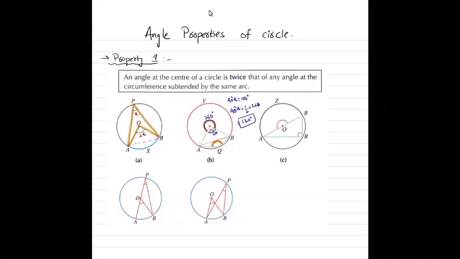Okay. Consider the next diagram. Over here, AOB is not a chord, it's a diameter, and it's a straight line. So the angle at the center is 180 degrees. So if I draw the angle at the circumference from the same chord, it's going to be half of 180, that is 90 degrees.